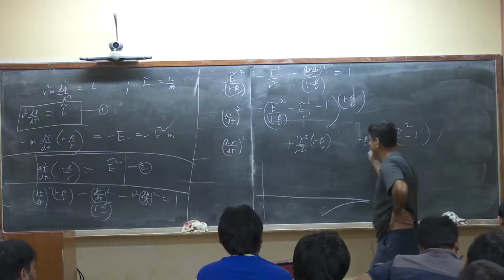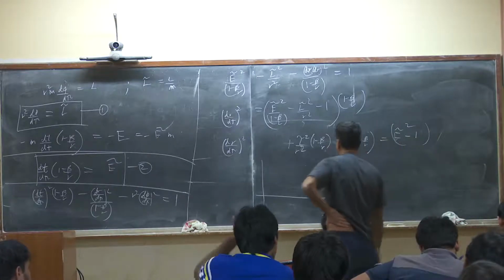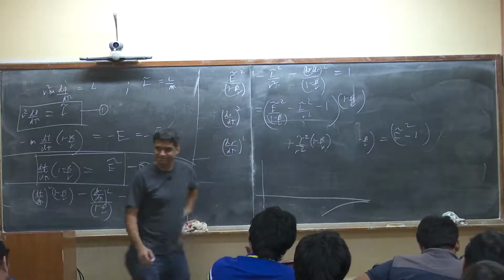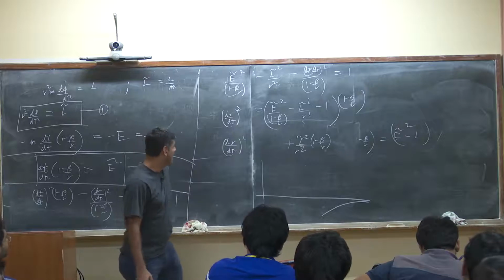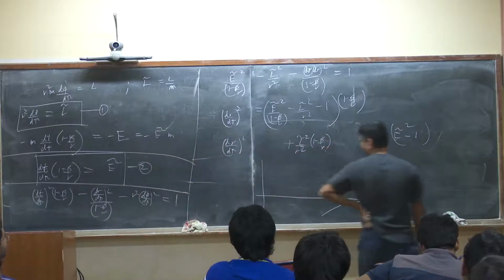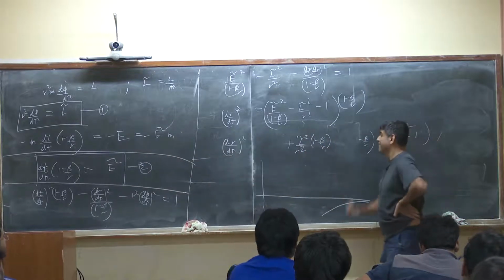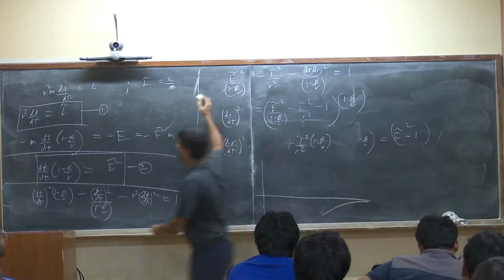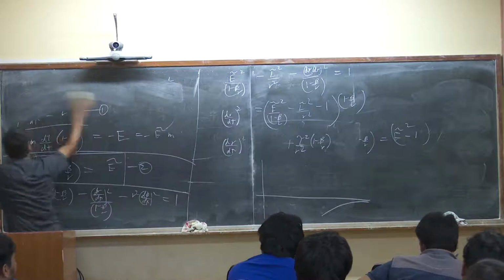Now, as we move nearer and nearer in, let's look at r equals 0. Okay? At r equals 0, what dominates? -1 by r cube. Okay. So let's give ourselves a little more space.